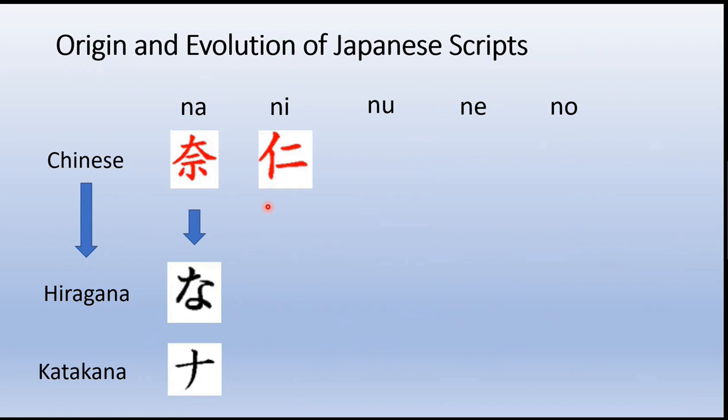Likewise, for the ni sound, we have this Chinese symbol, and these are the Hiragana and corresponding Katakana. So you can see how similar these are and how simplified versions these are.